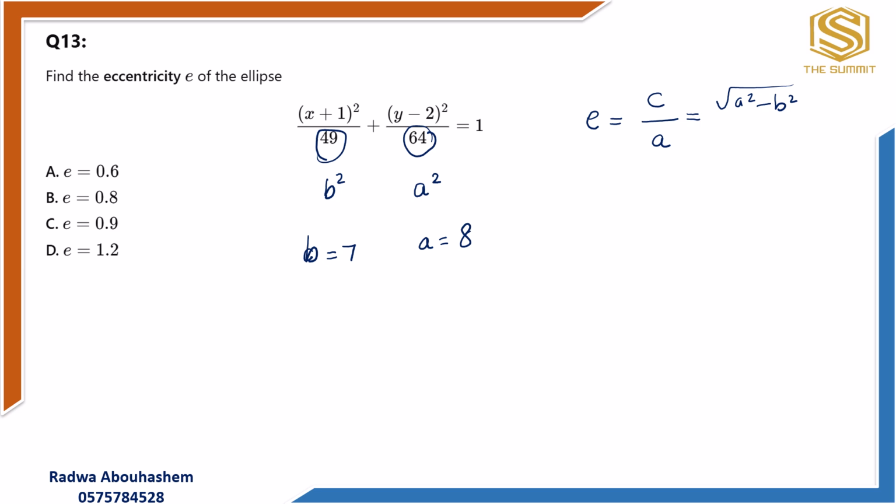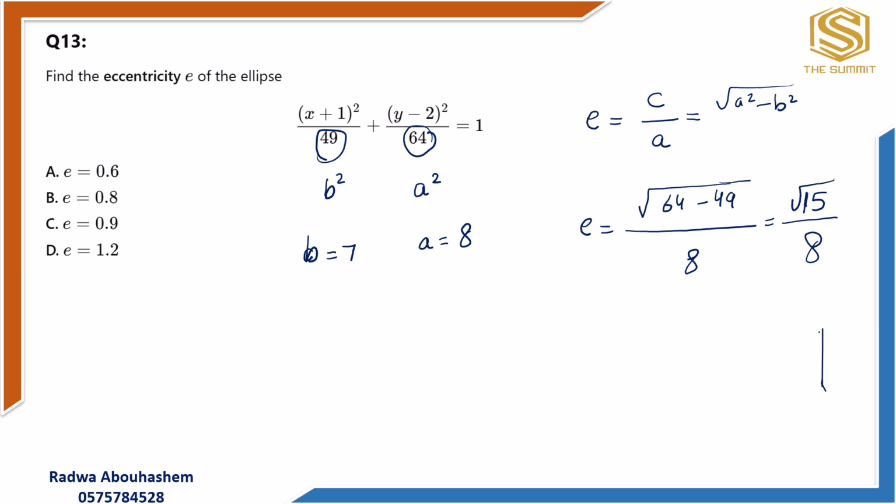So let's apply the rule. e equals square root of 64 minus 49 over the a, which is 8. What is 64 minus 49? It's the square root of 15 over 8.